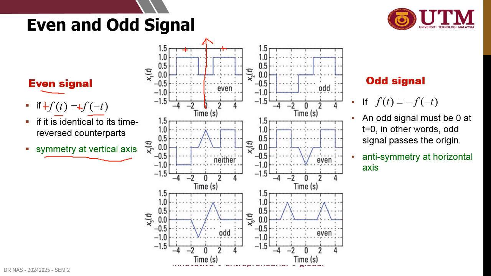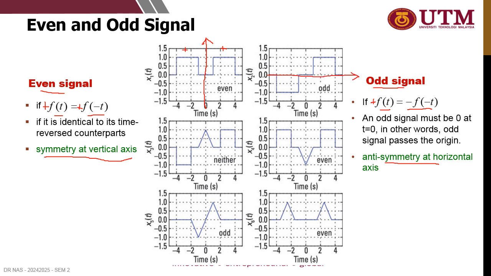The amplitude is positive at positive t, and it is still positive at negative t. An odd signal is defined by f(t) equals -f(-t). The amplitude of the signal is positive when t is positive, but the amplitude is negative when t is negative. So the odd signal is also known as antisymmetry at the horizontal axis. So this is the horizontal axis.